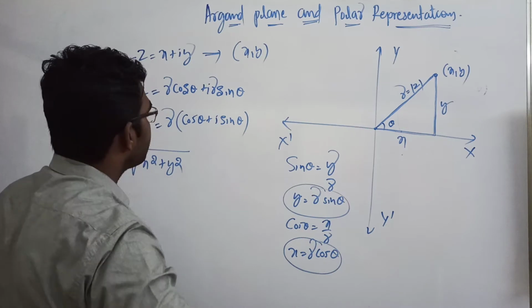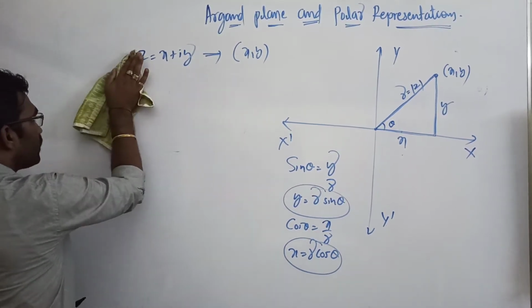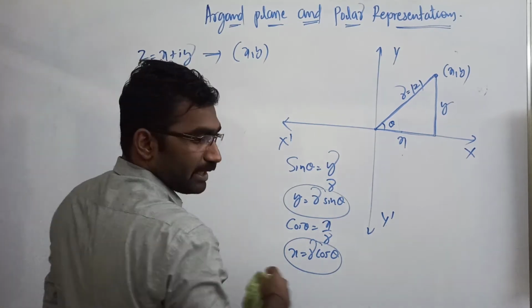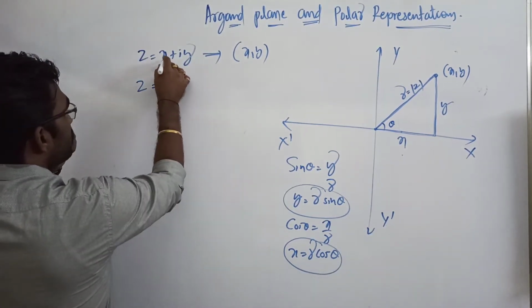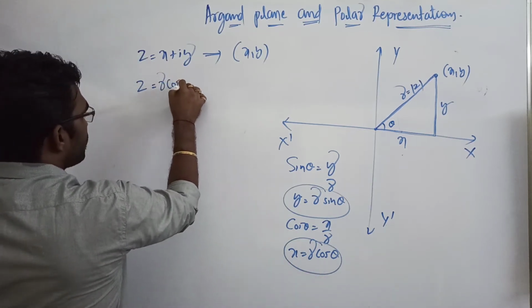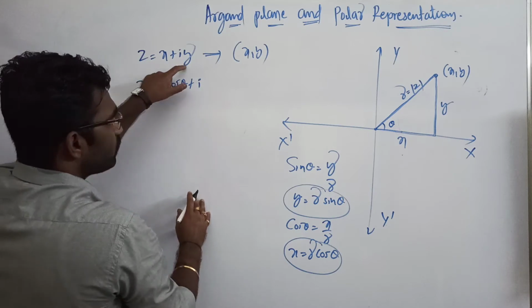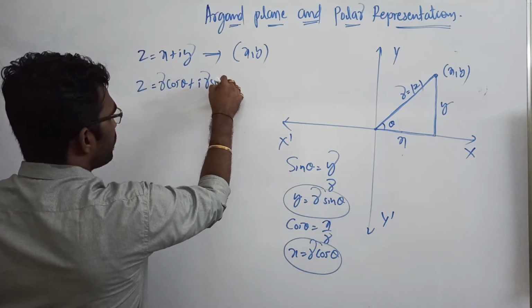Then I will replace this x and y in the equation. Exactly, we did not know this polar form before. So z is equal to x, which is r cos theta, plus i times y, which is r sin theta.